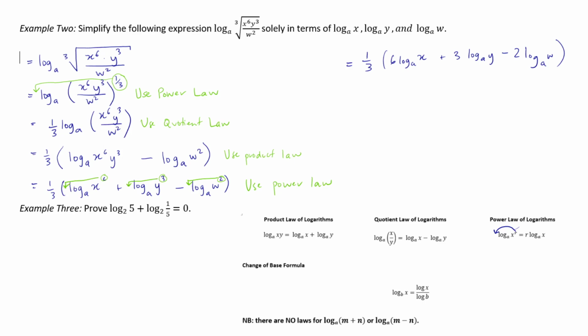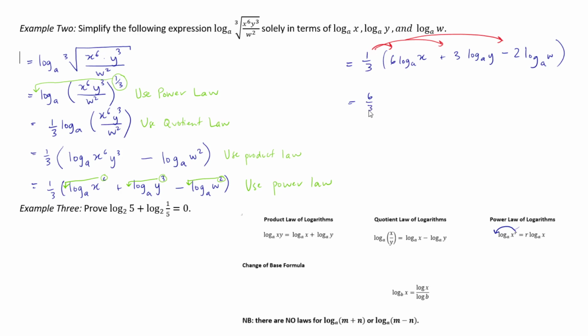All right, now it's a simple matter of expanding the brackets, or distributing that 1 over 3. Again, I'm not going to skip any steps. You definitely don't have to show this step if you don't want to, but I'm not going to skip it. So I'm going to take 6 and multiply it by 1 over 3.